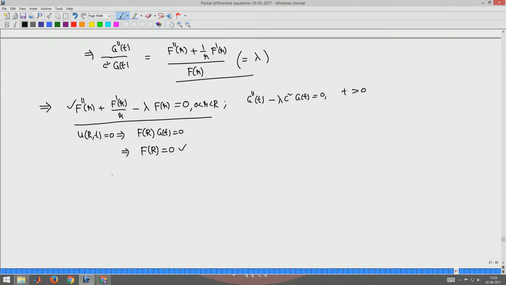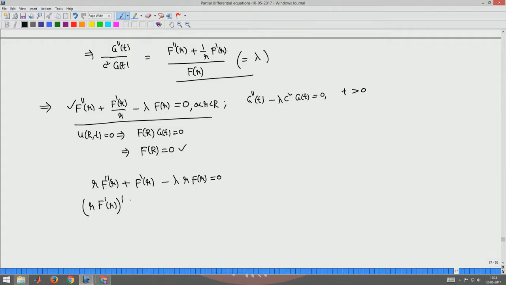self-adjoint form. How do we see that it is self-adjoint form? You have r into f double dash of r plus f dash of r minus lambda r f of r equal to 0. So, this is the equation. You can write it as r times f dash of r, the whole dash.